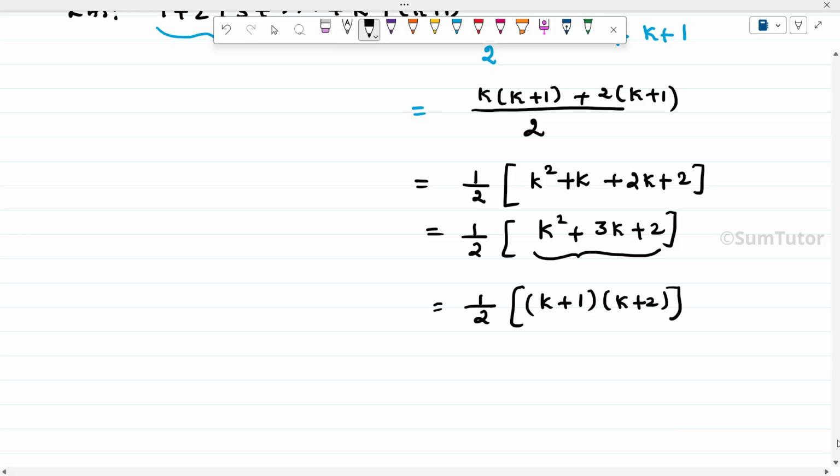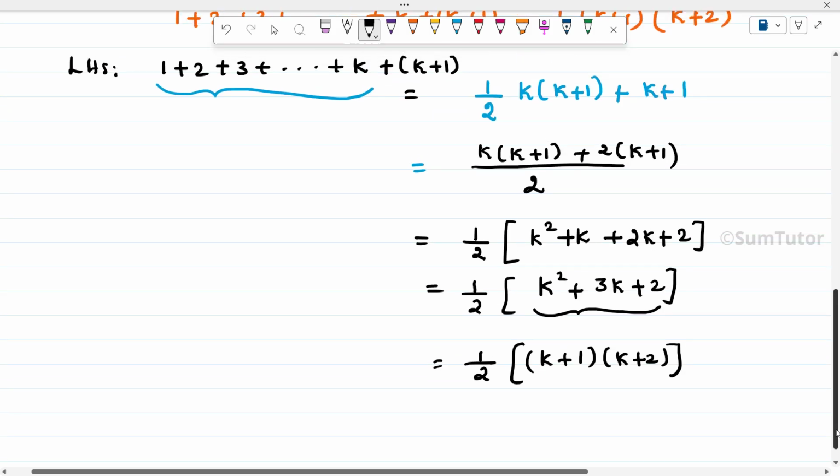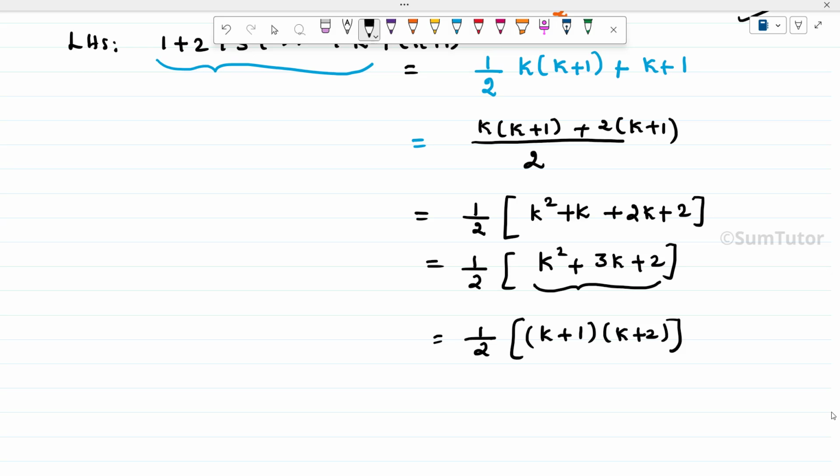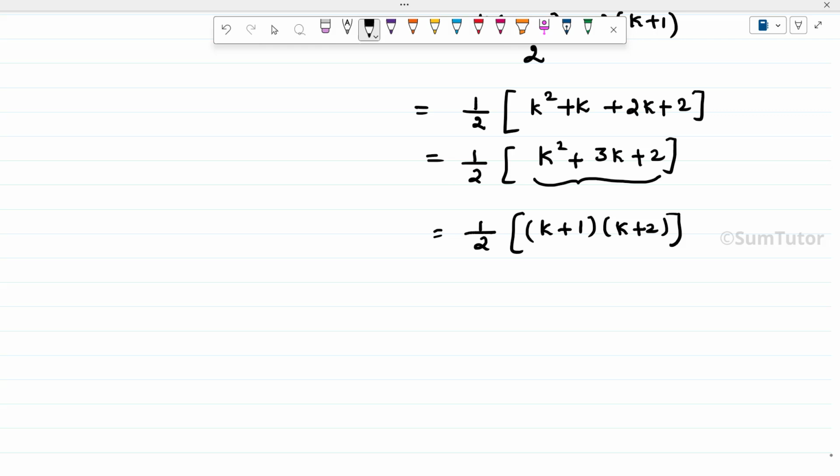So this is what we have to prove. If you see the right hand side, it is 1/2 × (k+1)(k+2). Therefore we got that value. Therefore the statement is true for P(k+1).